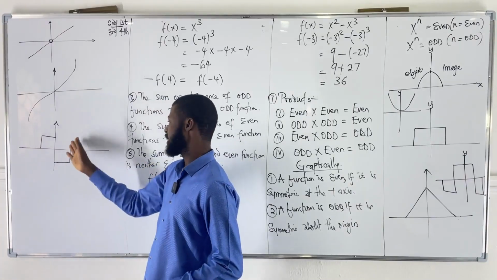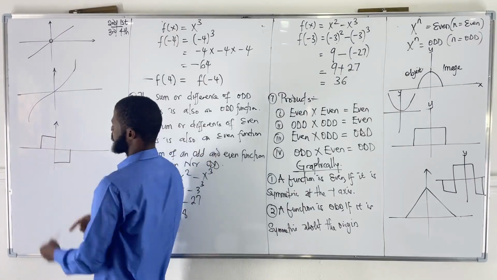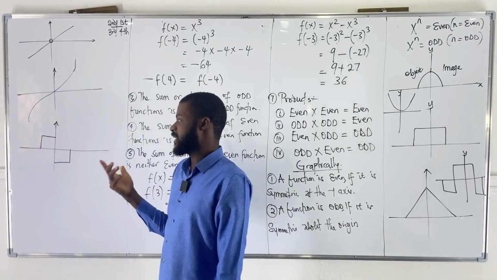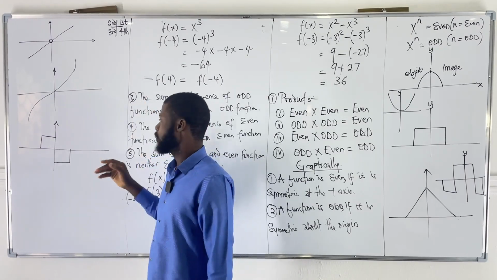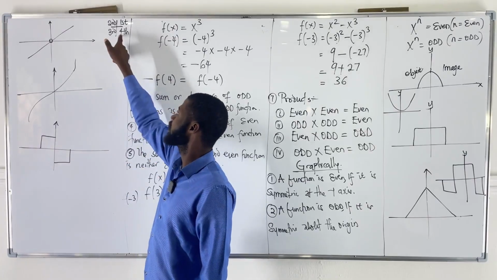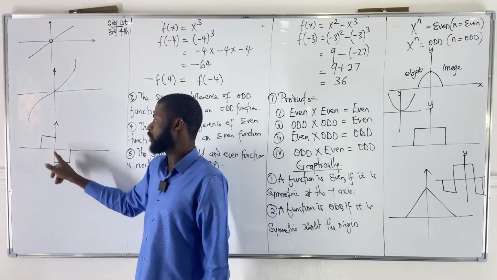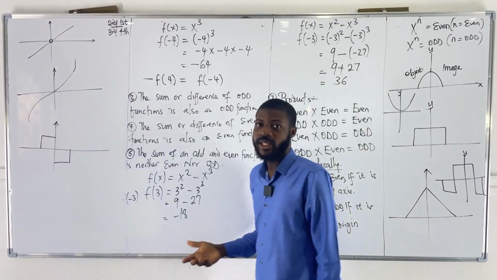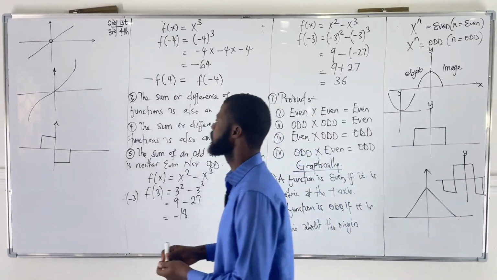Because if you slice it at the origin, if you put a line here and slice it, these two will perfectly cover each other. But if that's not a good picture for you to understand, you can just say, since this one is at the second, this one is at the third, then definitely it must be an odd function because they are on two opposite quadrants. So that's one way to know your answer.